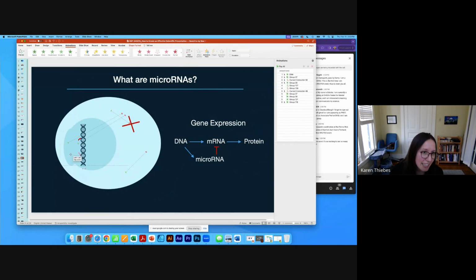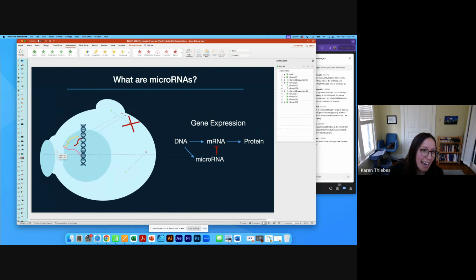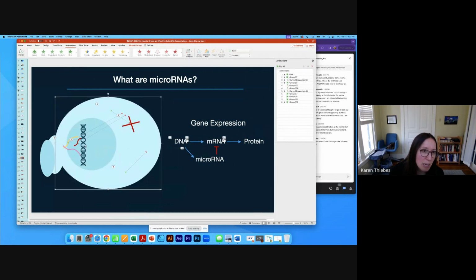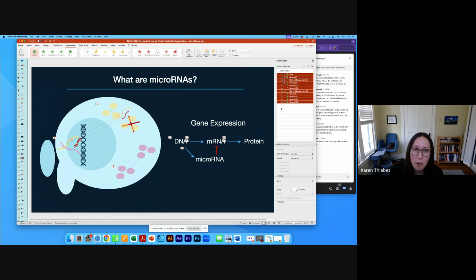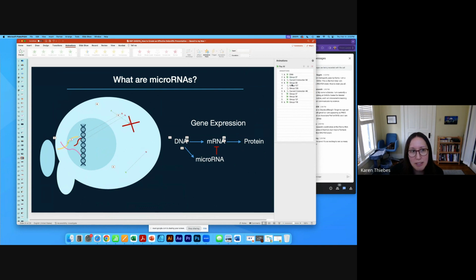You can use shapes that are just hiding some of the things that move across the screen and appear in the right order. So this one is definitely a little more complicated than the appear, disappear.